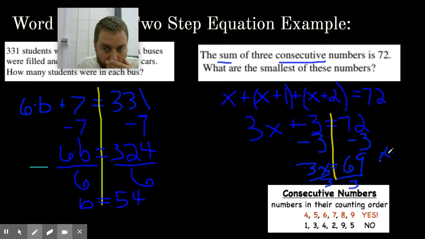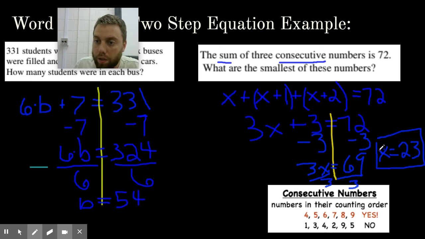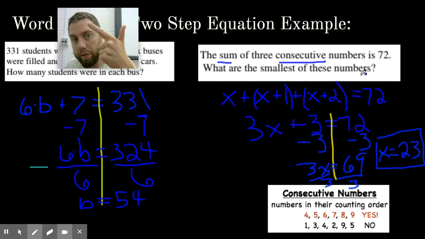Gives us x equals 69 divided by 3, which is 23, okay? And that is our smallest number, which means our 3 numbers were actually 23, 24, and 25, okay?